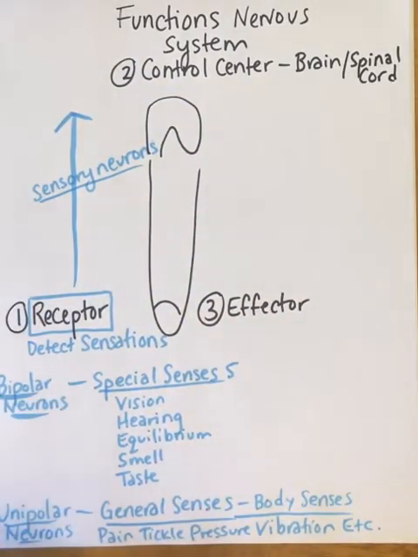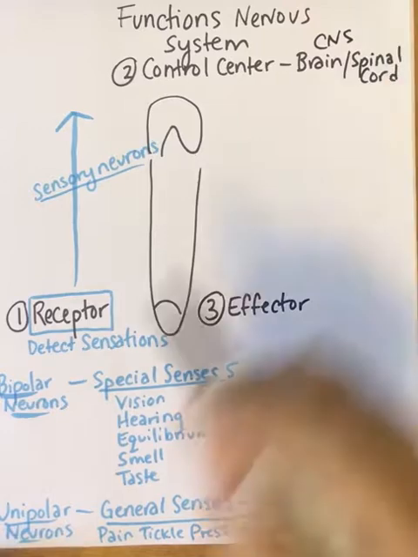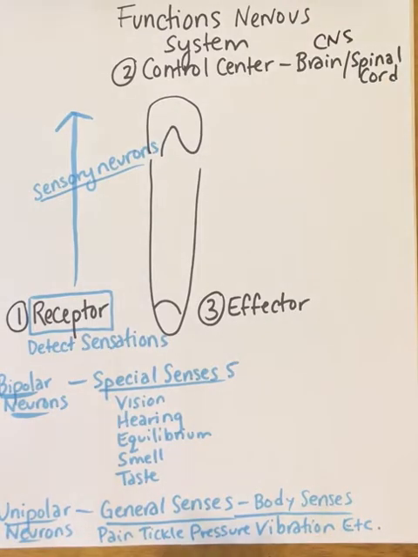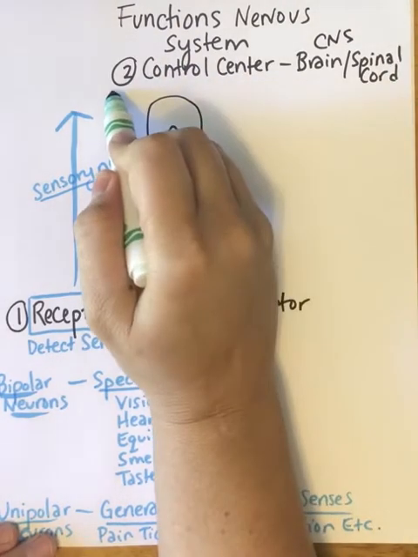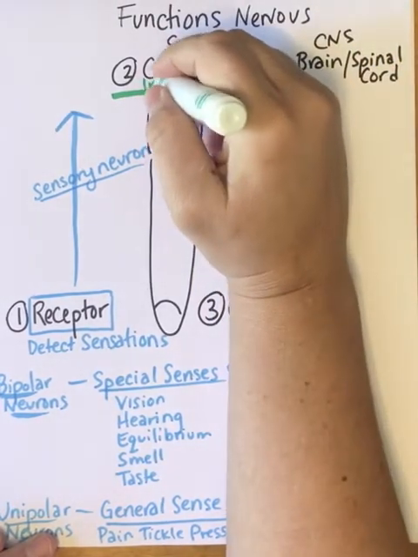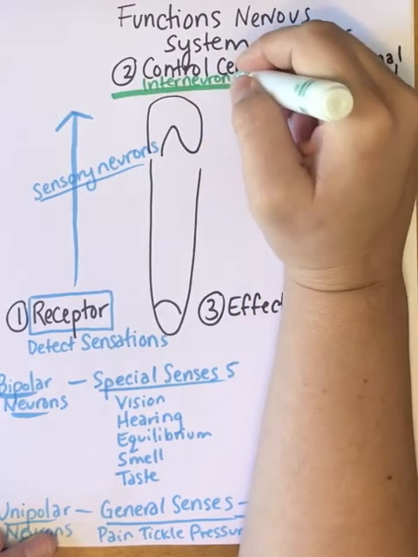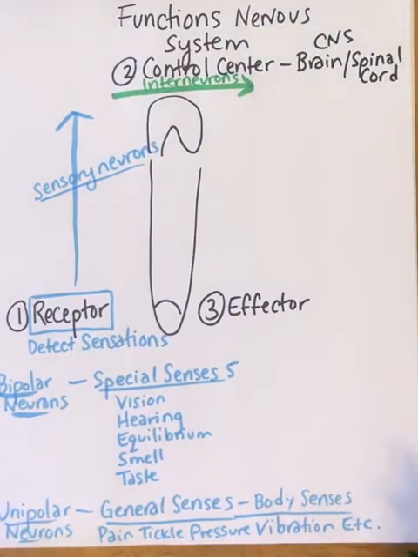Now we learned that the neurons located within the central nervous system are going to be called interneurons. Interneurons are multipolar. That's your interneuron. They are multipolar in shape, but interneurons are the only neurons found in the central nervous system.